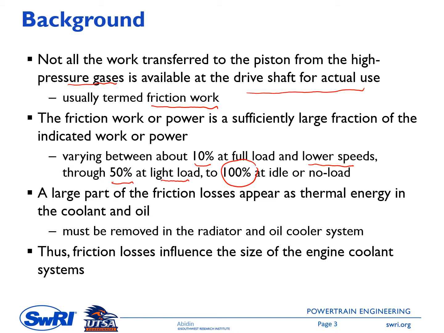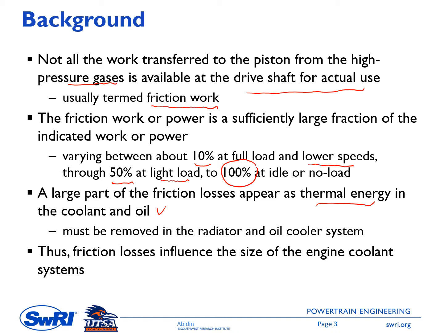A large part of the friction losses appear as thermal energy, and this is the energy inside the coolant and oil. This energy must be removed in the radiator and oil cooler system. So thus friction losses influence the size of the engine coolant system.